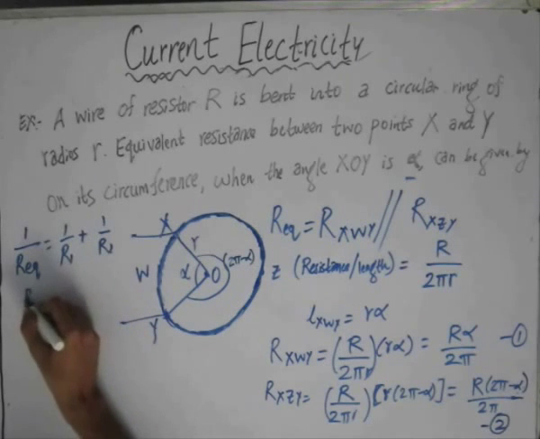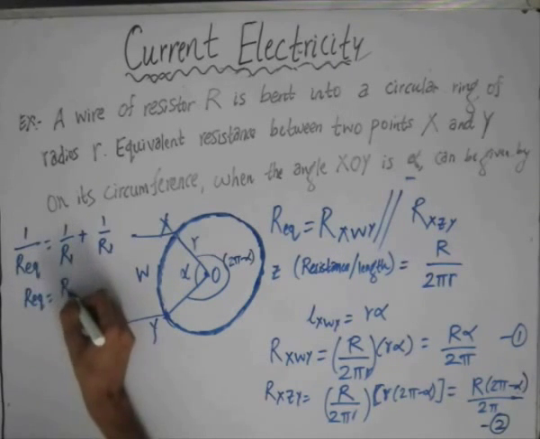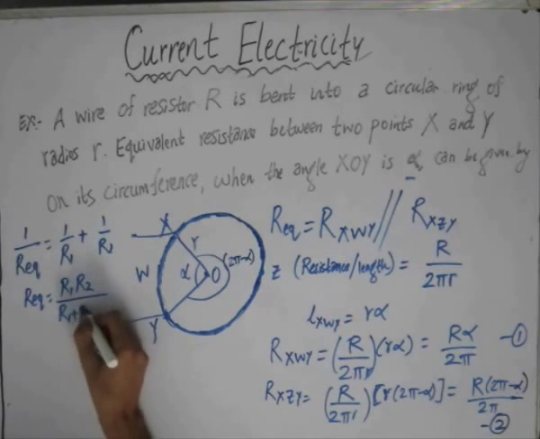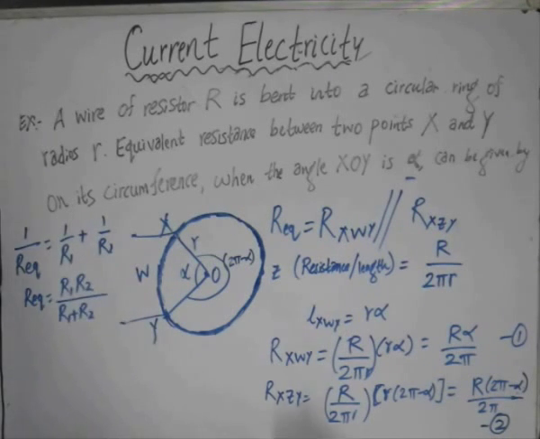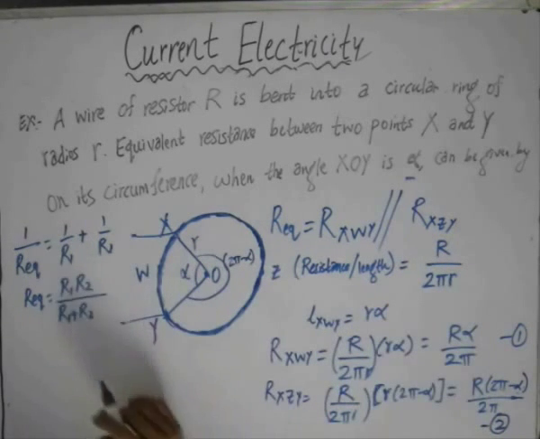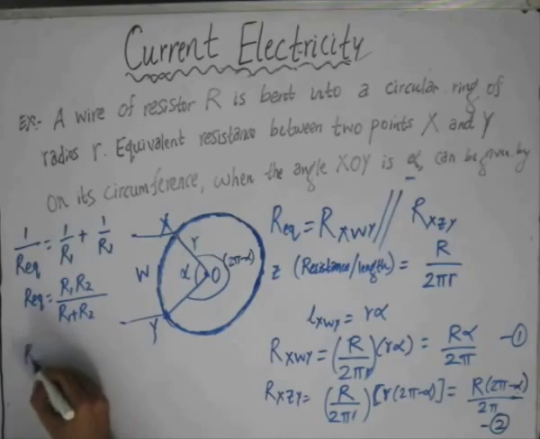From here, R equivalent is equal to the product of these two resistances divided by the sum of the resistances. In our case, R1 is RXWY, whereas R2 is RXZY. When we substitute the values of the resistances we obtained, we'll get the value of R equivalent.